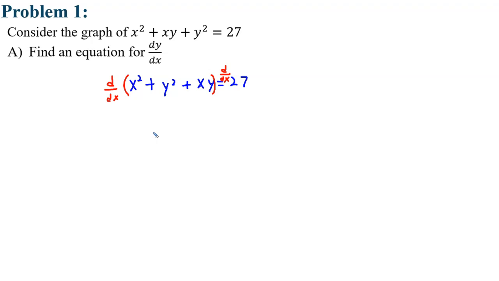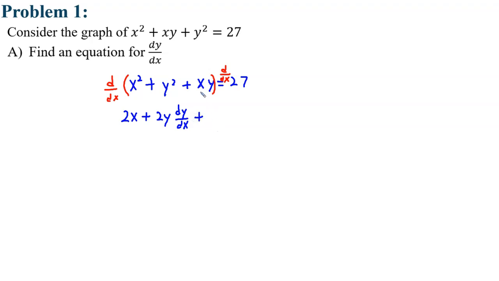When I take the derivative with respect to x of a term with just x's in it, things happen normally. The derivative of x squared is just 2x. Plus, when I do something with a y in it, I've got to use my chain rule. The derivative of y squared is 2y times dy over dx, because we're finding the derivative with respect to x, not y. And then plus, we'll keep on going.